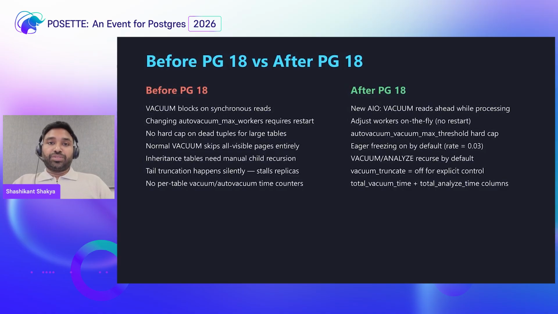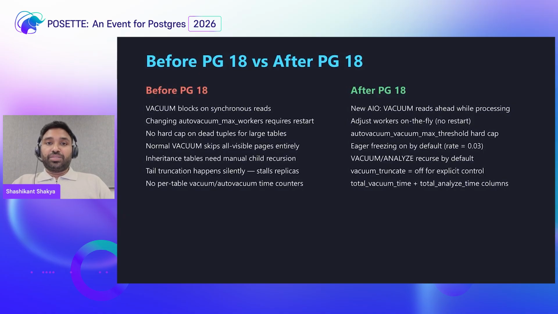Changing autovacuum max workers required a full server restart window, which is not even possible for busy production days. There was no hard cap on dead tuples, so larger tables accumulated millions of rows in bloat. Normal vacuums were skipping all-visible pages, and anti-wraparound vacuums were causing I/O storms.